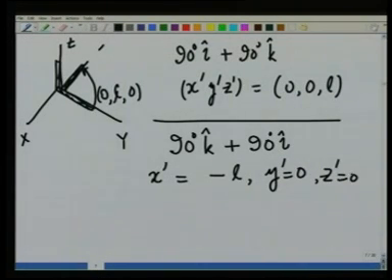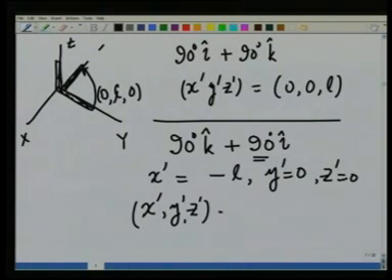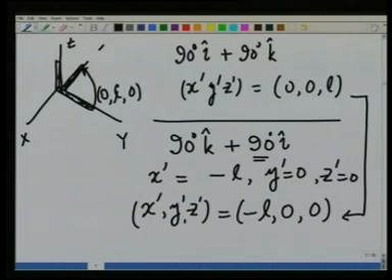After that rotation, if I rotate it about the x axis, nothing really changes. So, the coordinates of the end are x prime, y prime, z prime equals minus L, 0 and 0. You can see that the two sets of coordinates do not match at all.